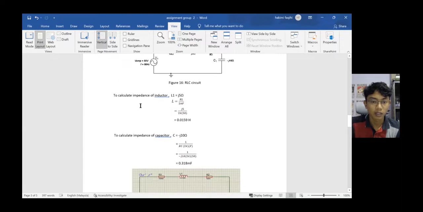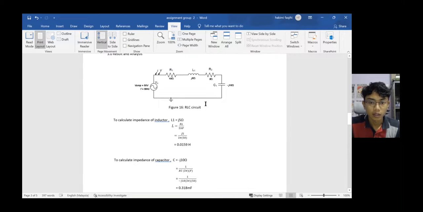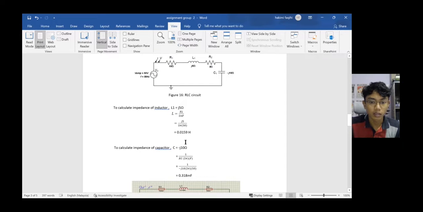Okay, as shown below, L is equal to XL divided by 2 pi F. So the inductance given is j5 ohm. So j5 over 2 pi and the frequency is 50. So we get 0.0159 Henry.